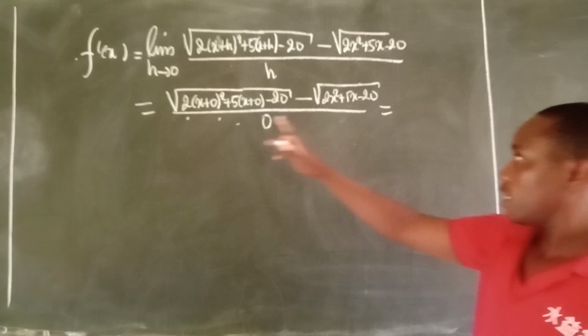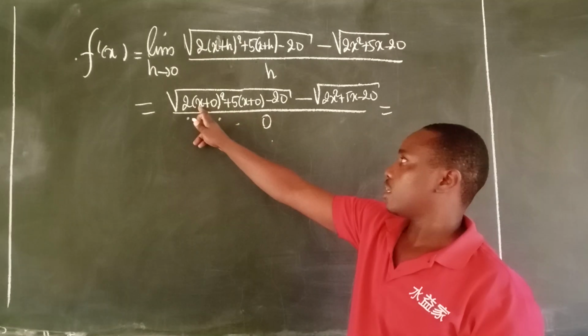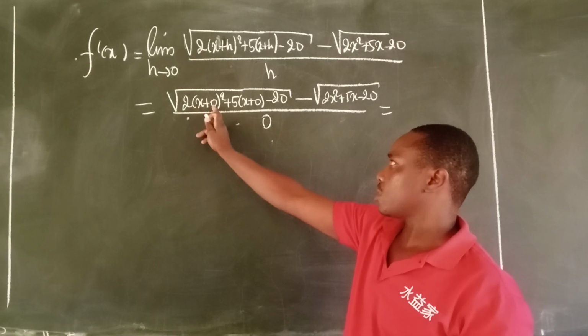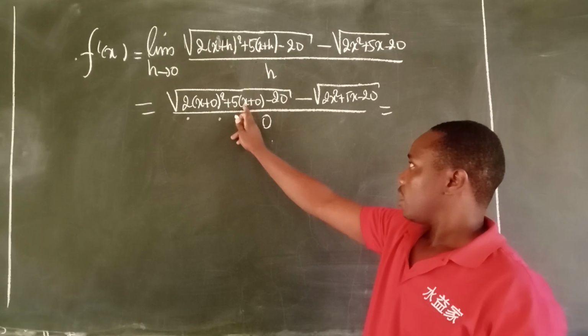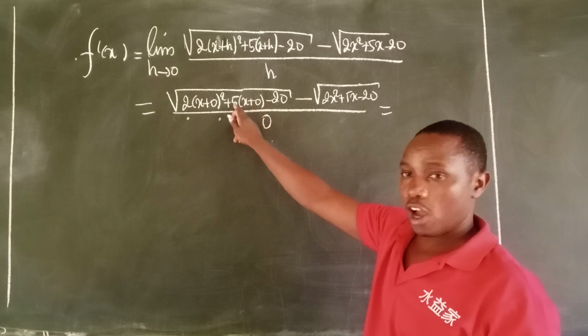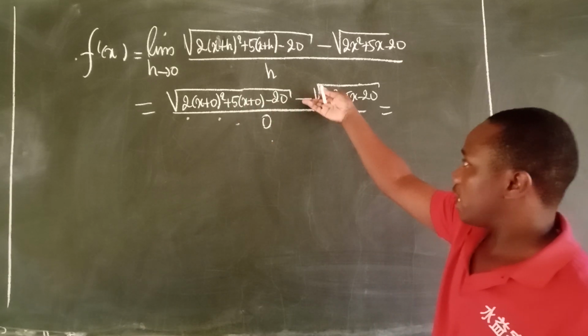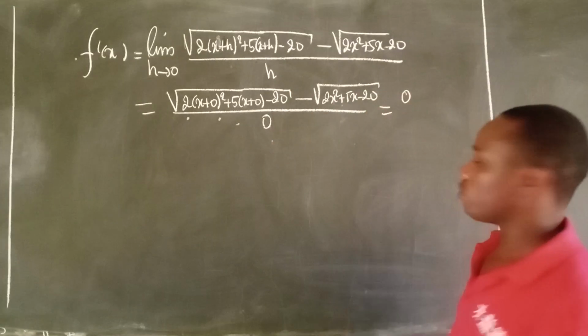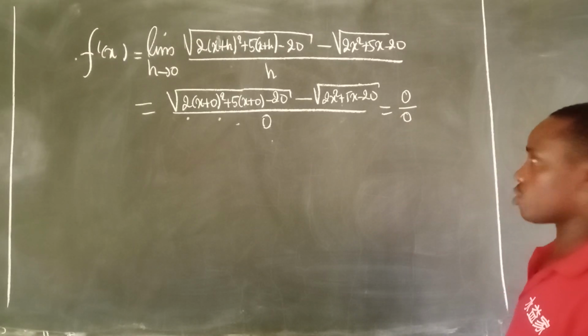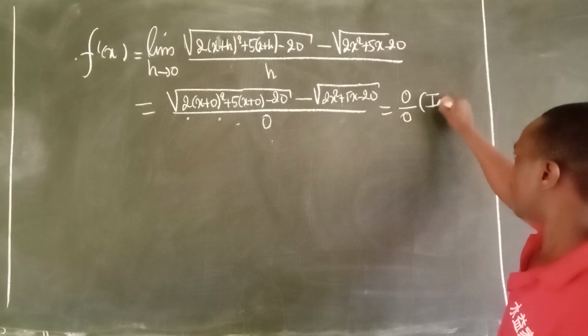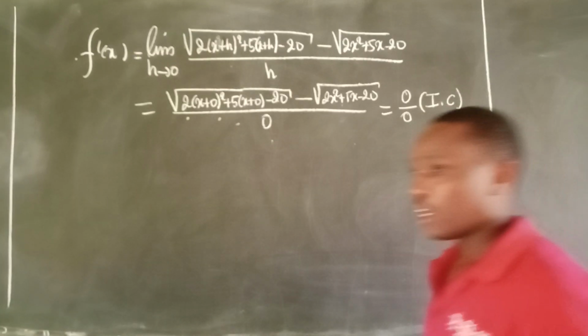You see, (x plus 0) squared will be this, and (x plus 0) times 5 will be this. The numerator will be 0, while the denominator is also 0, which is an indeterminate case.